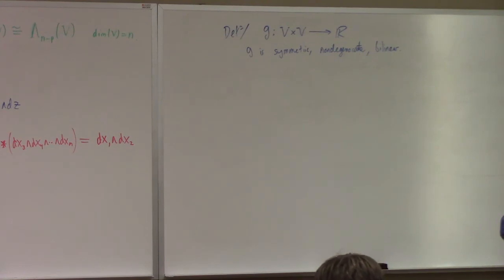Sylvester's theorem says you can always choose a coordinate system which makes this look like basically a dot product, but possibly with minuses.